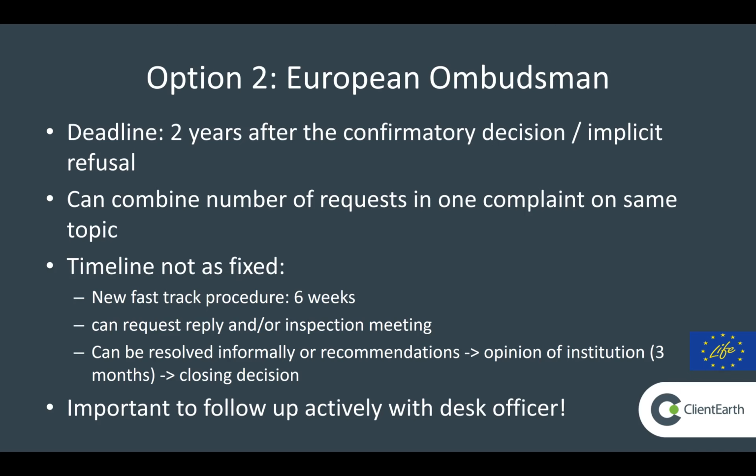So if that's the case, that can be quite a good option. If that's not the case, there will usually be a reply from the institution. There might be an inspection meeting organized, so this takes time. And then it might be resolved informally if the institution agrees, or if it doesn't agree, it might take longer.